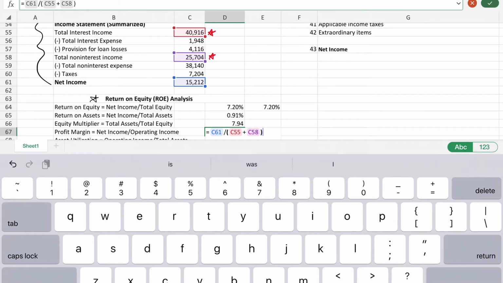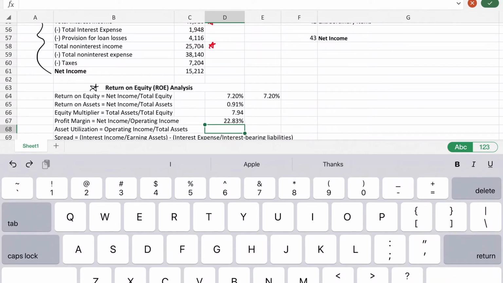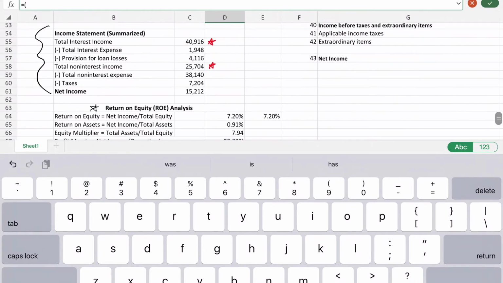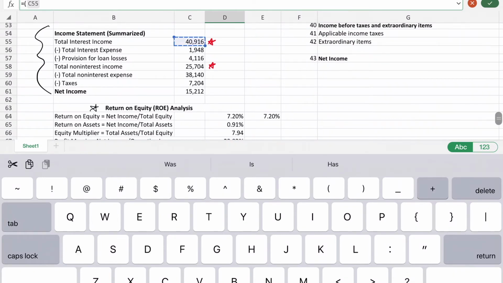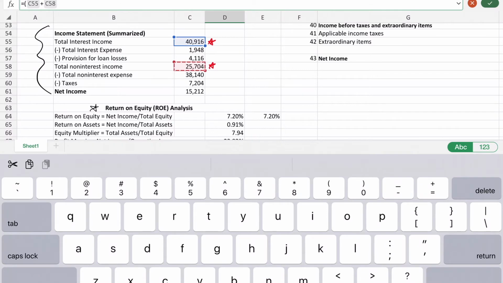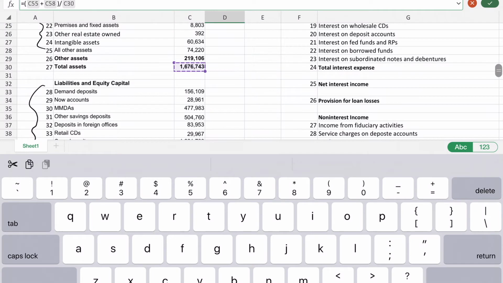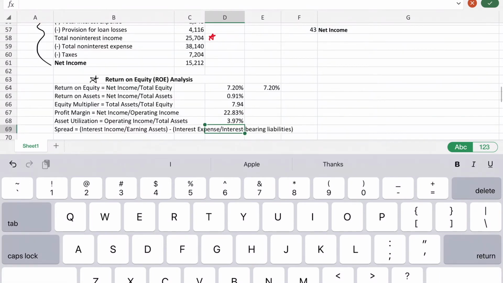I add those two together for my operating income, and I get a profit margin of 22.83%. Then asset utilization is your operating income divided by total assets. Once again, operating income is the sum of interest income and non-interest income. Now we are dividing it by your total assets, and I get an asset utilization ratio of 3.97%.